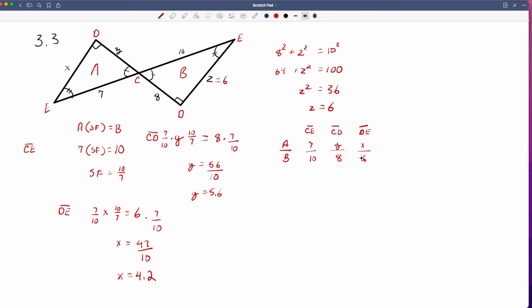And if we had not solved for Z, we would put a Z here, and we wouldn't have been able to do this. We would have still had to solve with Pythagorean's theorem to find out that Z is 6 in order to solve.